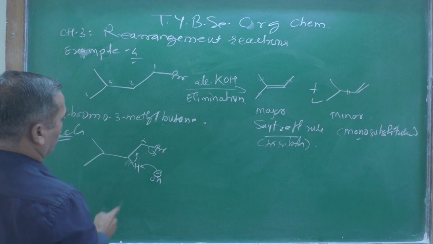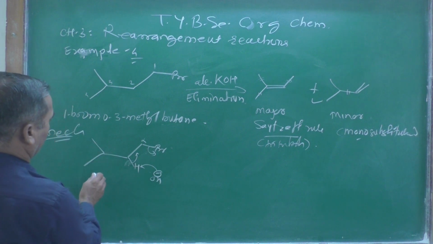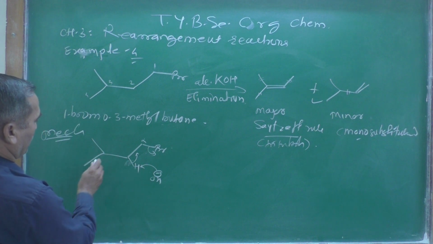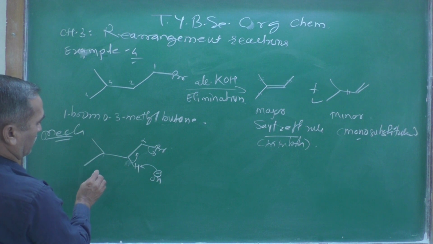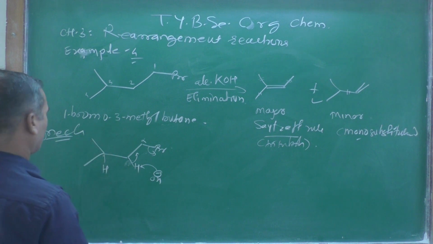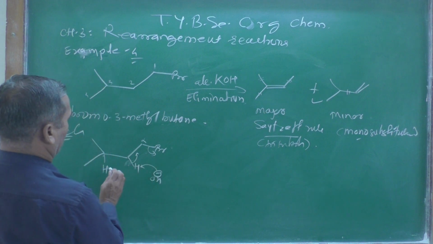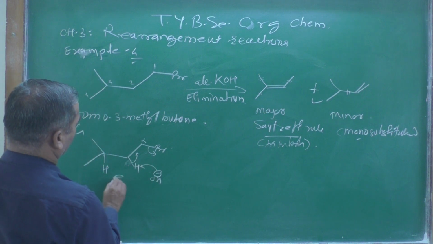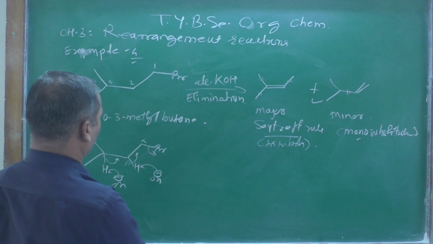And now one more proton available over here can also get abstracted by OH minus, and a double bond is formed over there.